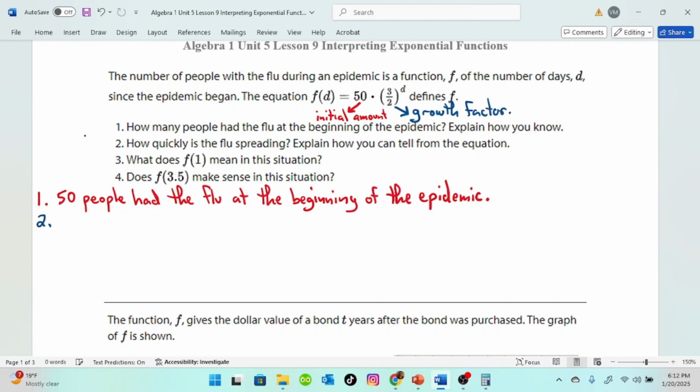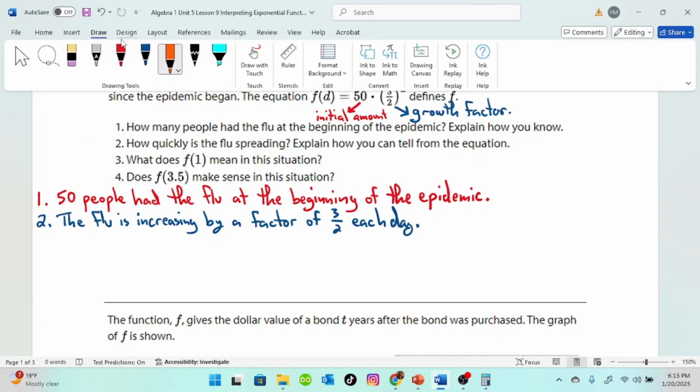So, the flu is increasing by a factor of 3/2 each day.